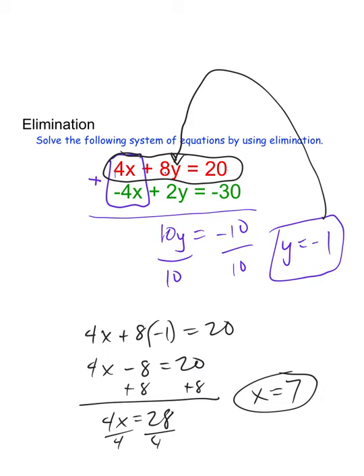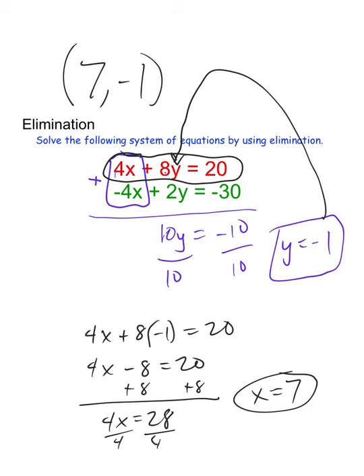Okay, so I found my y equals negative 1 first, put that back into either equation. I picked the top one, I solved that equation for x, and now I've got my answer of 7, negative 1. And again, you can always then check your answer by putting those values back into either or both equations and making sure it works.